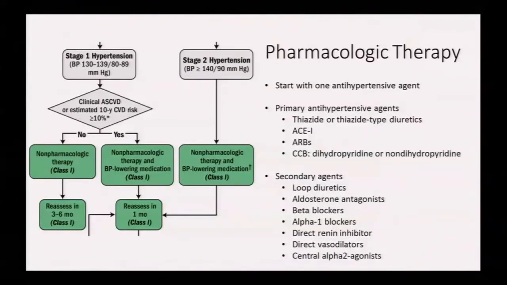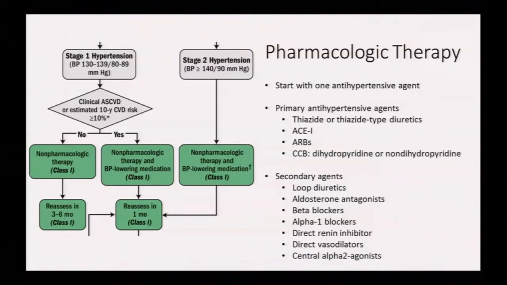Okay, so we get to stage 1 hypertension and stage 2 hypertension, and this is where we start thinking about the pharmacological therapy. This is where we start thinking about giving our patients antihypertensive medications.